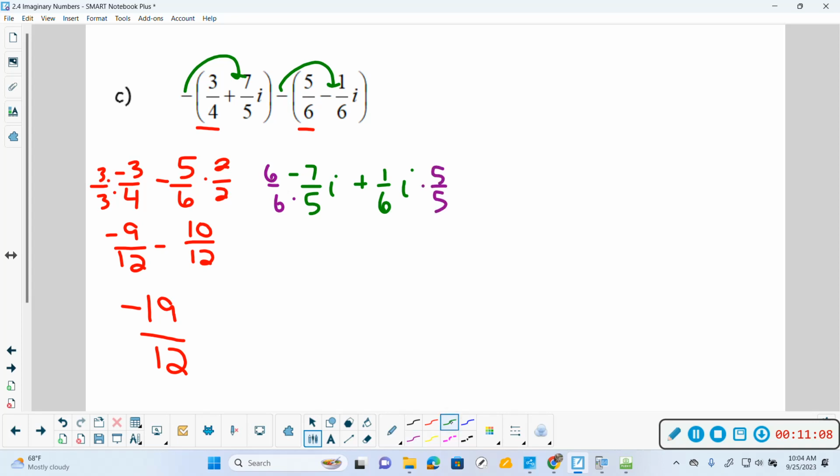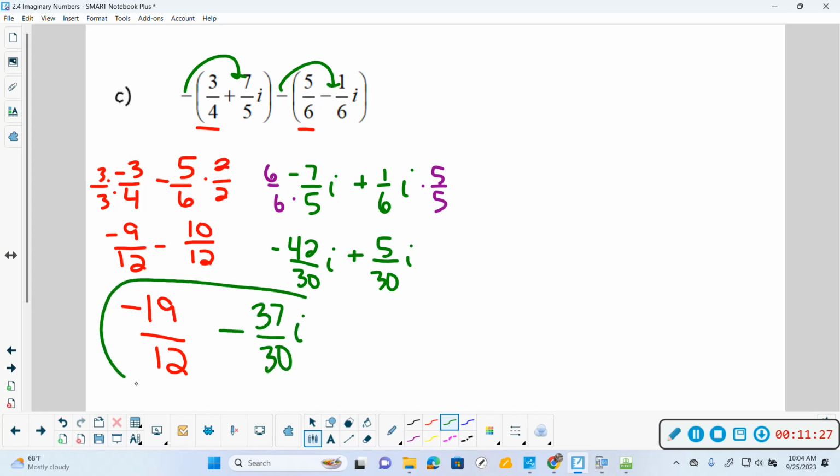Again, you could do it in your calculator, but we can handle it, I think. 5 times 1, 6 times 5. All right, total that up. What's negative 42 plus 5? Negative 37. So we have negative 37/30ths i. Never want to miss an opportunity to review fractions, right? Nobody seems as excited. You can do it in your calculator, but we should be able to do it by hand. Any questions on those?